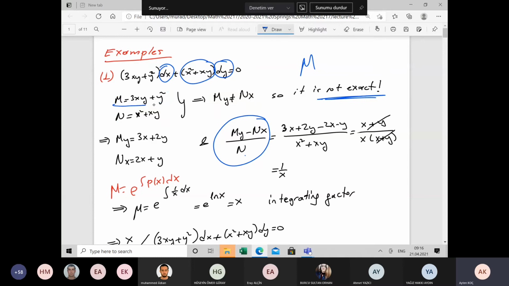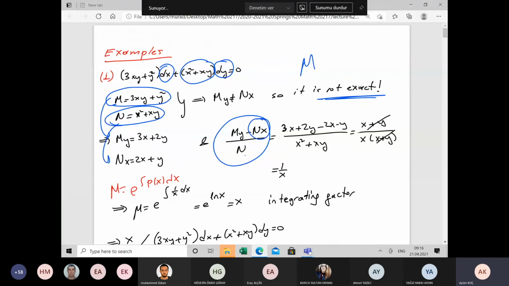M is this one, derivative with respect to y: 3x plus 2y. Take N and compute the derivative with respect to x: this one 2x, this one gives 1 times y. So this one is not equal to this one, so this is not an exact equation.